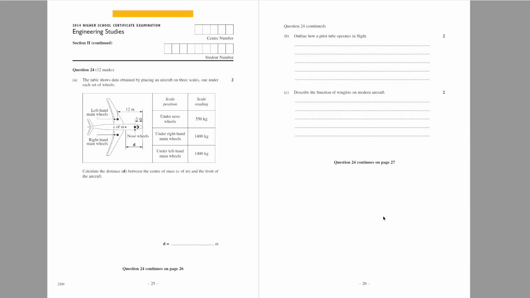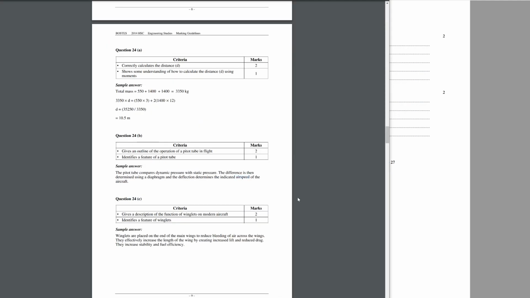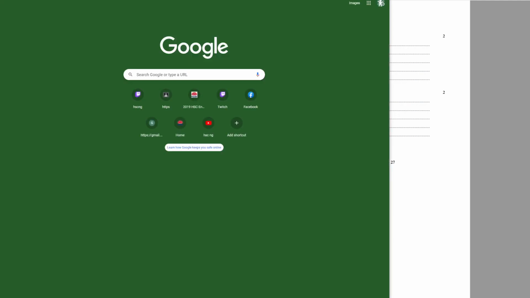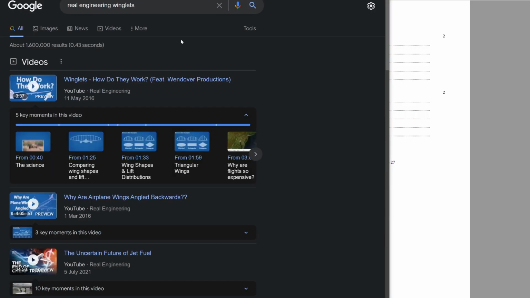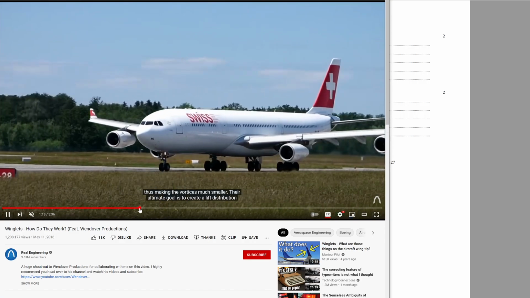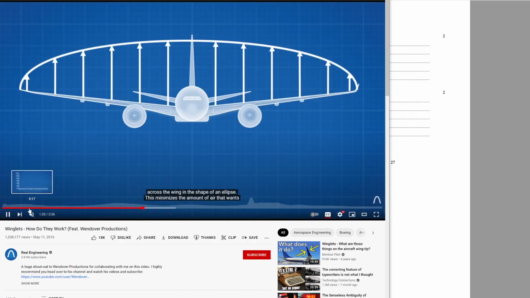Okay, describe the function of winglets on modern aircraft. The thing I would recommend is the Real Engineering video, Winglets, How Do They Work? It's a pretty long video, and he basically starts off by saying they're a pretty great innovation.